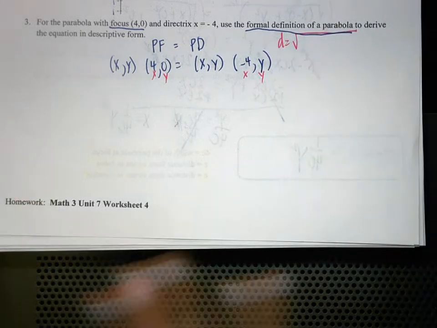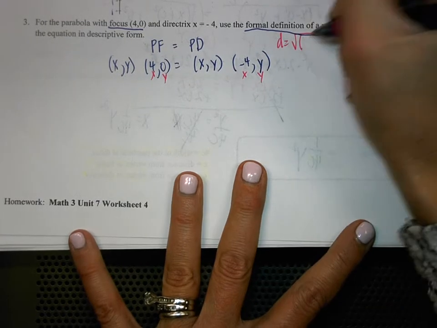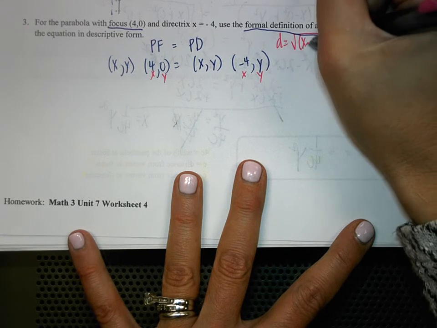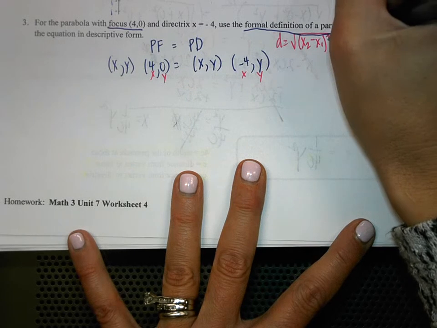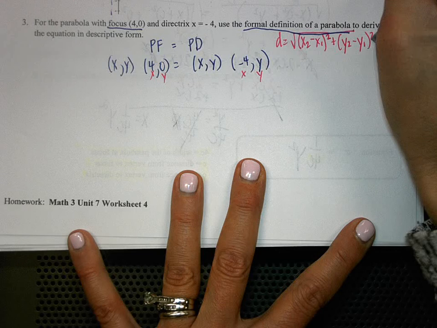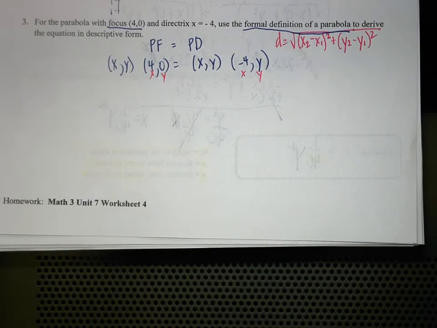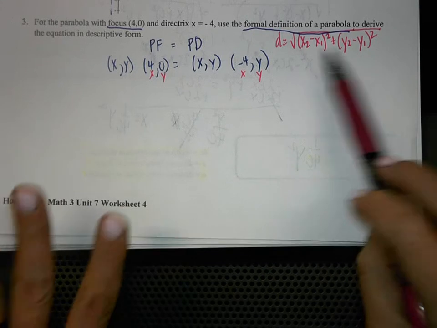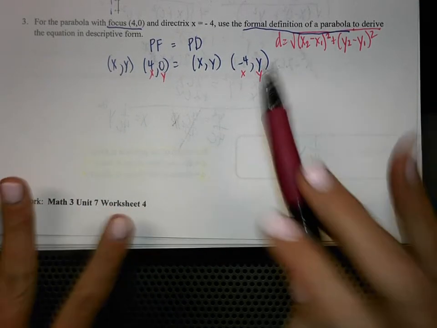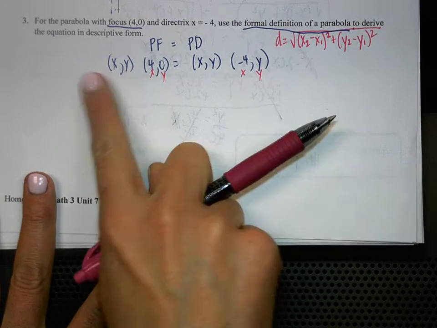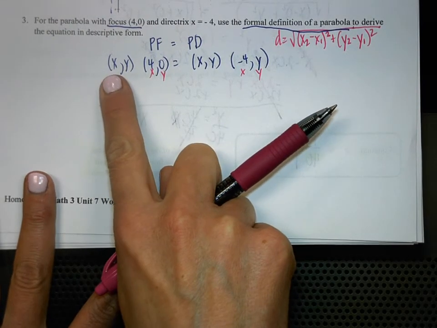It is the square root of (x2 minus x1) squared plus (y2 minus y1) squared. Yep, that's it. Perfect. Okay, so that's your distance formula. And remember, it doesn't matter the order of our x's and y's as long as, if we start with one, we keep starting with that one. And when we're doing these formulas, it's easiest to start with the first point, your (x, y).